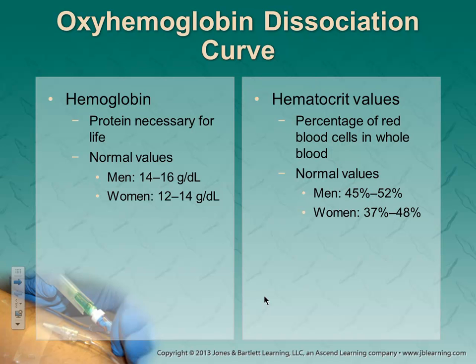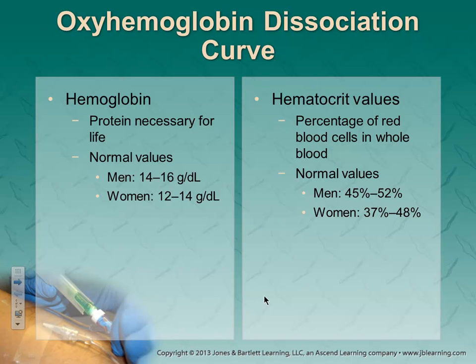And what we're looking at in the oxyhemoglobin dissociation curve is going to be the amount of oxygen that is bound to hemoglobin. And there's several factors that will either inhibit or potentiate the binding of oxygen to hemoglobin. There's a couple of things that we look at, and that's the H and H, the hemoglobin and hematocrit.